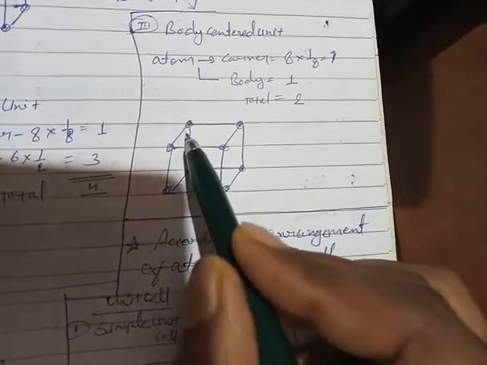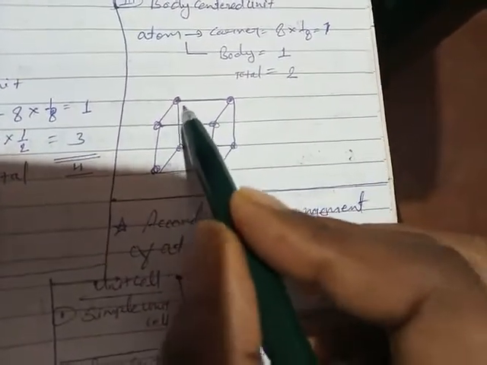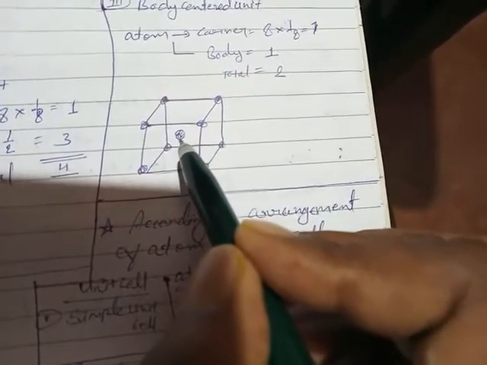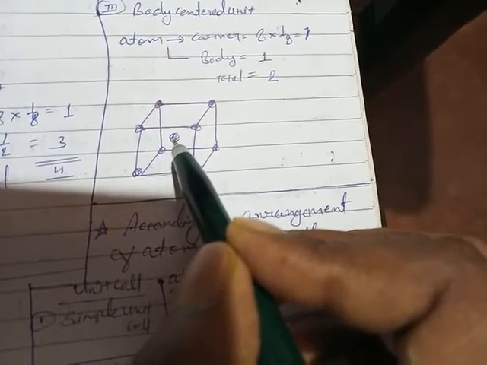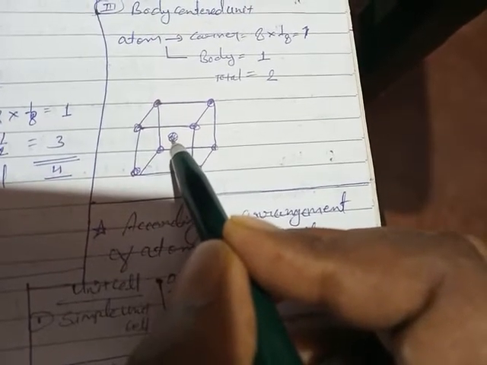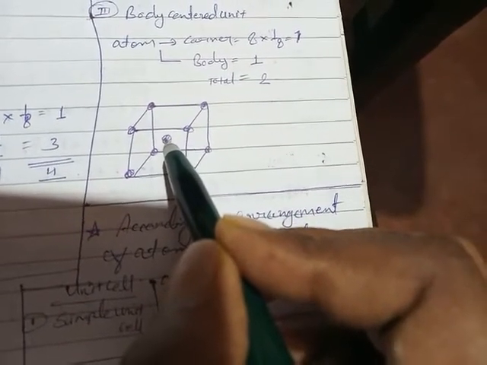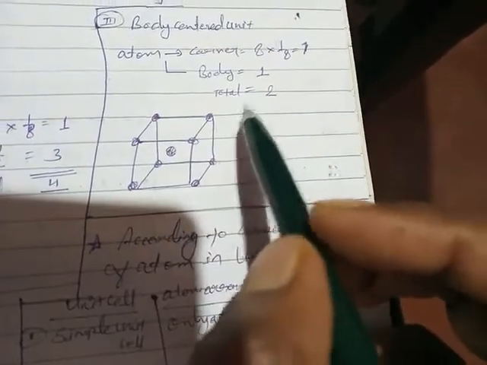and along with this, at each corner of the body centered unit cell, points are situated, and apart from this, another point is also situated in the center of the body, inside the body centered unit cell. So in this way we can say this is the arrangement of the points.